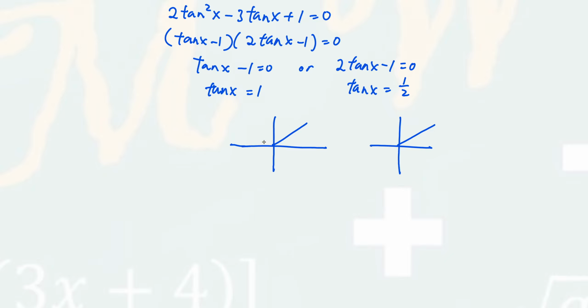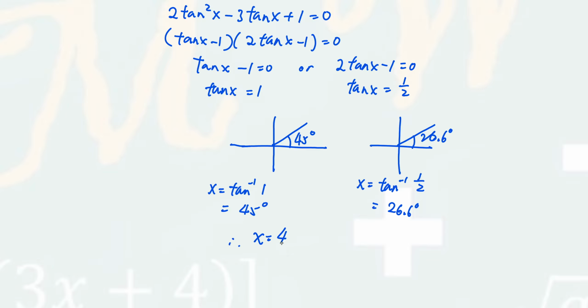But then our x is from 0 to 180 degrees. That means it's just first two quadrants. So I should get these two angles. So now my angle x equals to arctangent 1. Because I only get one value here. Therefore, it is 45 degrees. Okay, and x equals to arctangent half. Then you will be getting 26.6 degrees. So this will be my solutions.